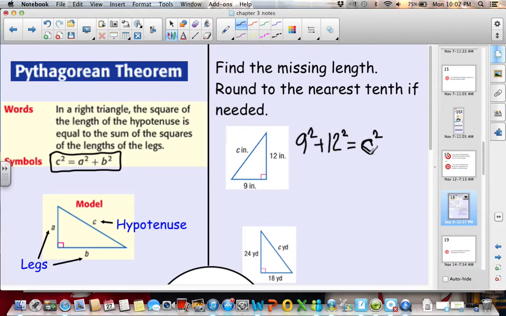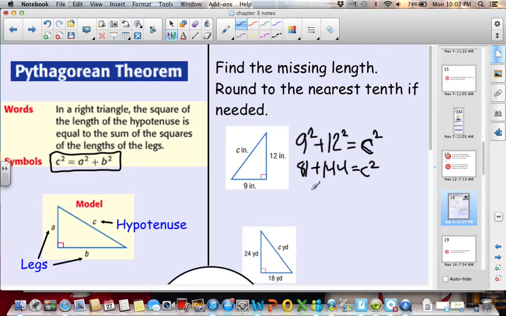So this is c. Then we solve: 9 squared is 81, 12 squared is 144, equals c squared.